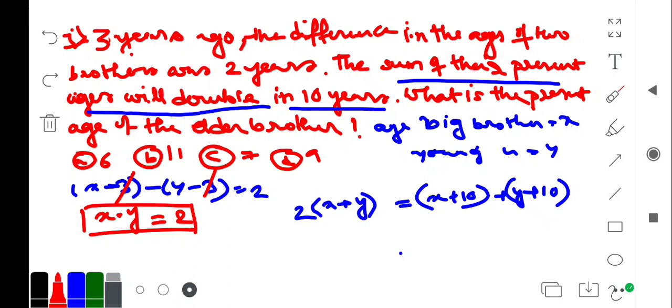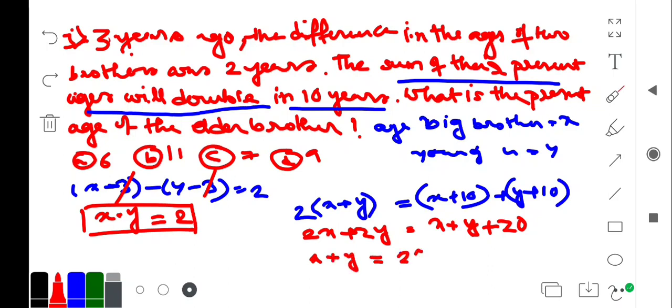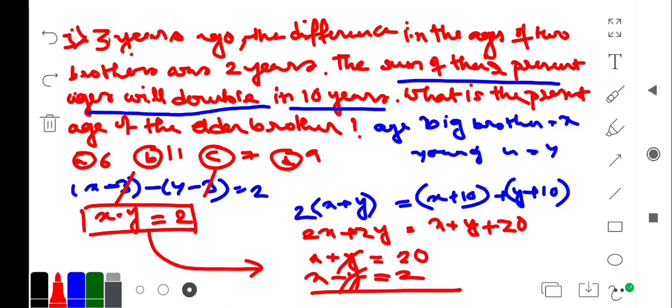Okay, so you can get x plus y plus 20 equals 2x plus 2y. You can get x plus y equal to 20. Okay, now put the value, this x minus y equal to 2 now.